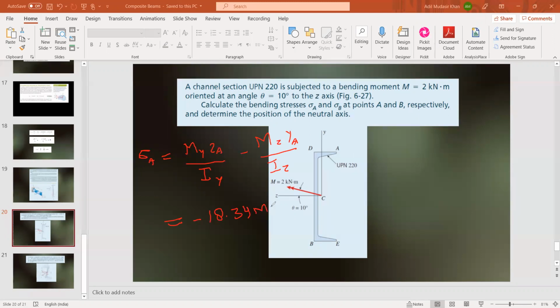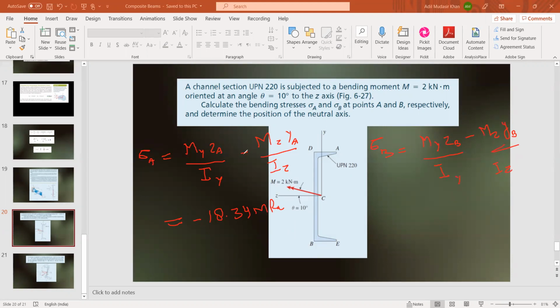The formula for sigma B is equal to My Zb divided by Iy minus Mz Yb divided by Iz. We just have to change the coordinates; the rest will be the same.